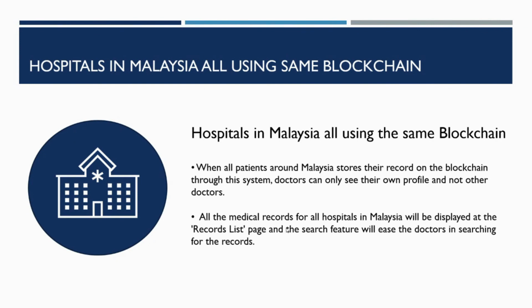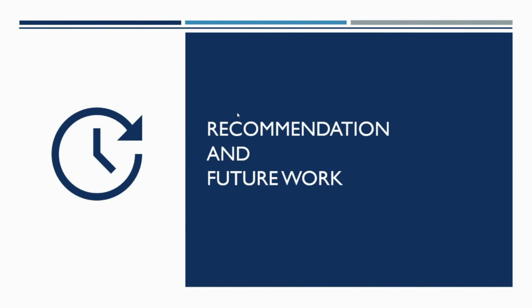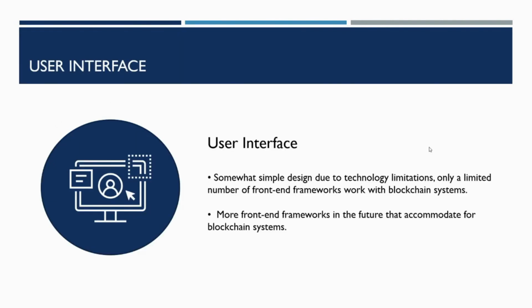All the medical records for all hospitals in Malaysia will be displayed at the record list page, and the search feature will ease the doctor in searching for the records. And the doctor can only view records if given access by patients. So it's completely secure. And now we're going to talk about the recommendations and future work.